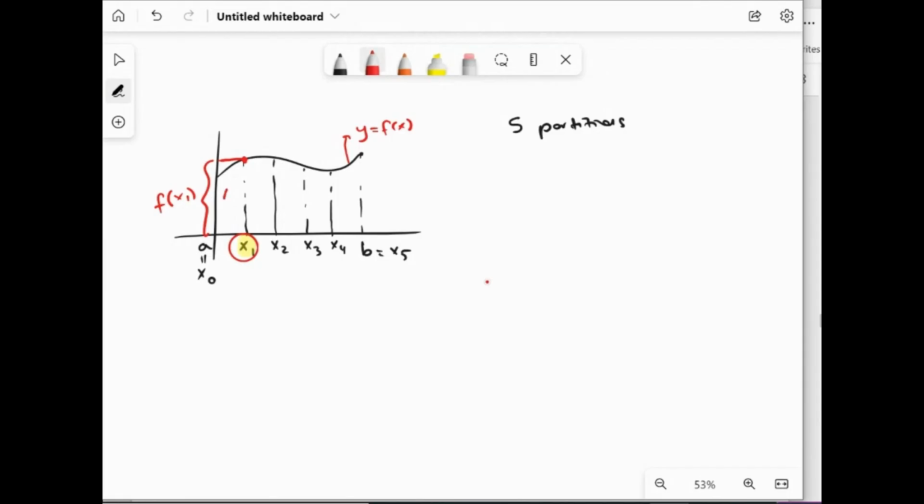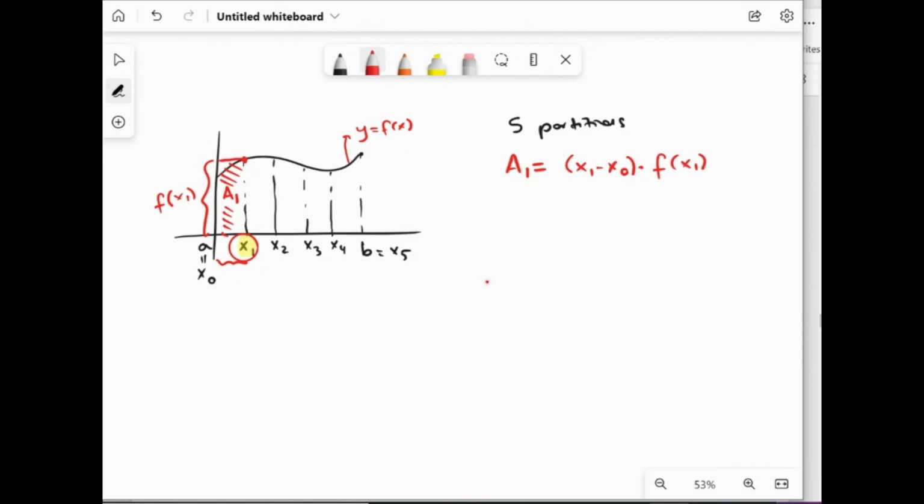So let's say this is area 1. The area of the first rectangle can be found by multiplying this distance between x1 and x0 times the height of the rectangle, which is f of x1.